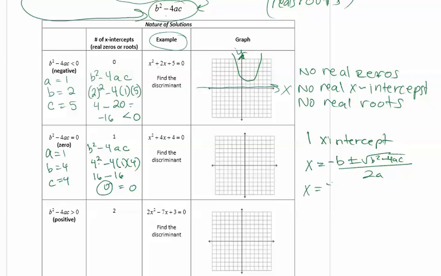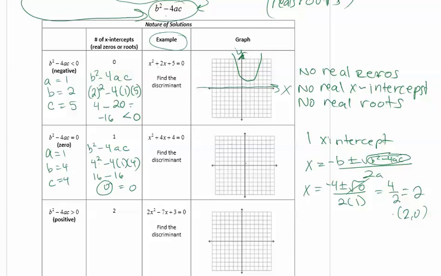B was 4, so negative 4 plus or minus the square root, and I already know that the discriminant is 0, all over 2 times a, which is 1. That gives me 4 over 2, and the plus or minus 0 will go away, so I'm left with just 4 over 2. I don't need to add plus or minus 0. So my x-intercept is actually 2, so it's going to be 2 comma 0.